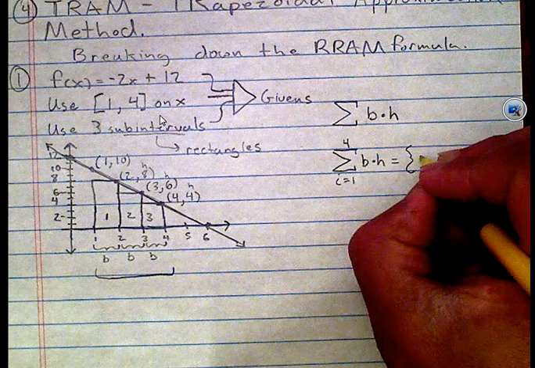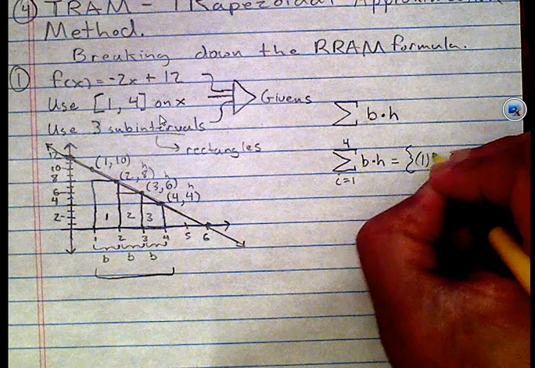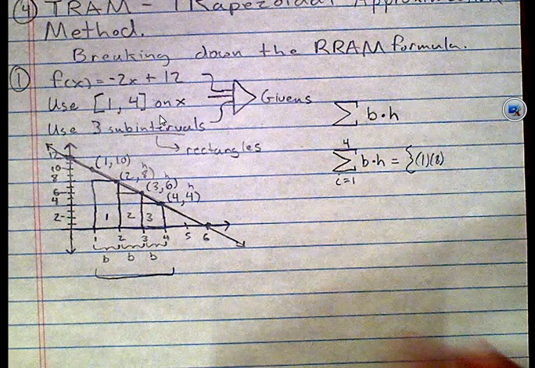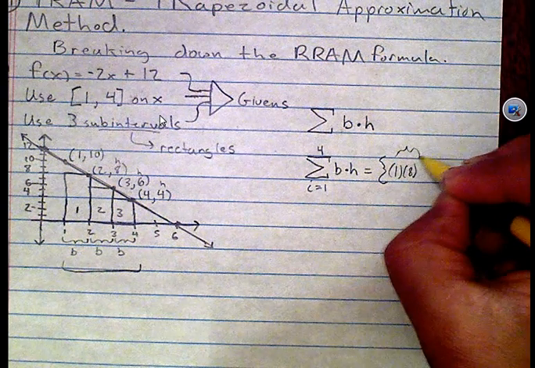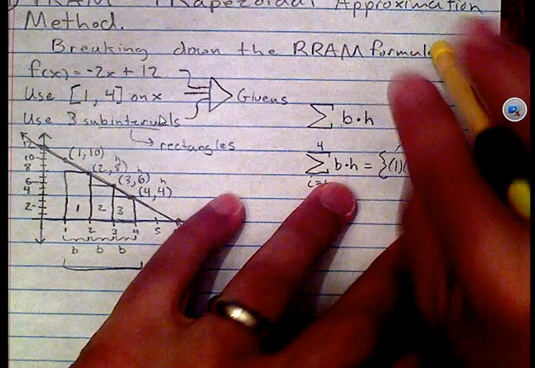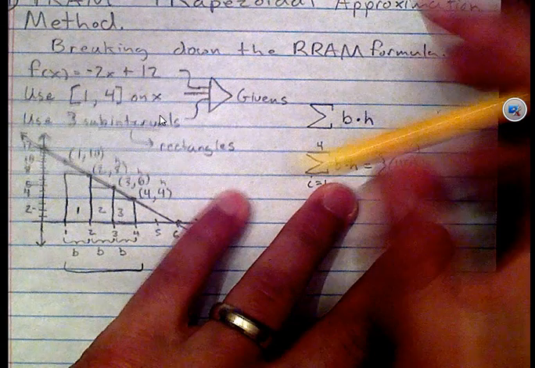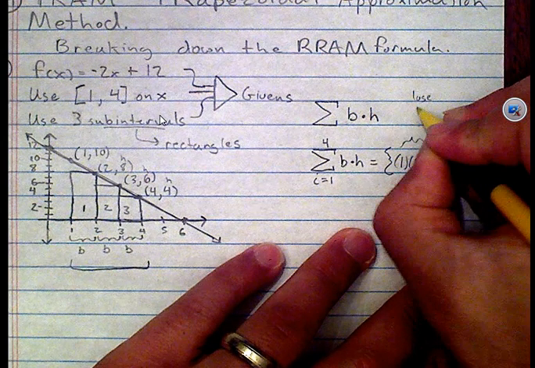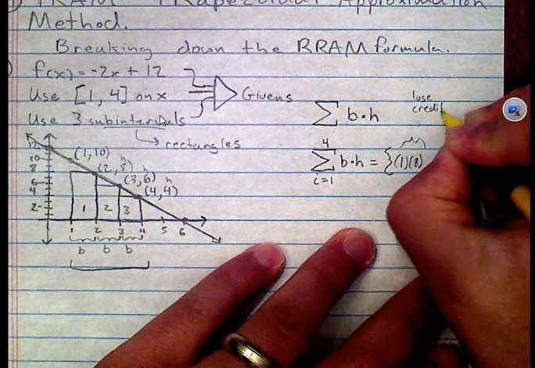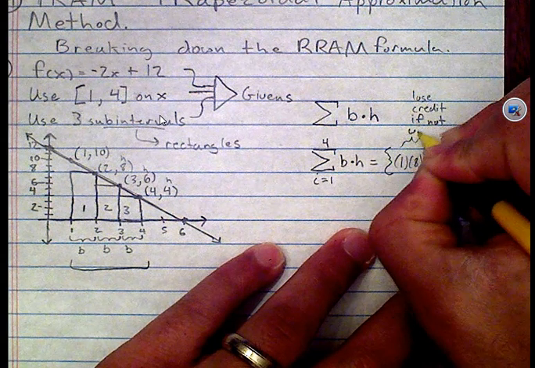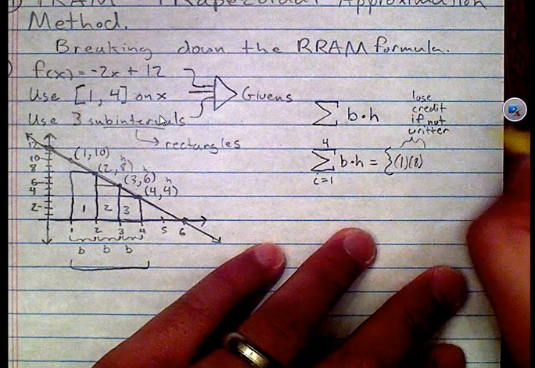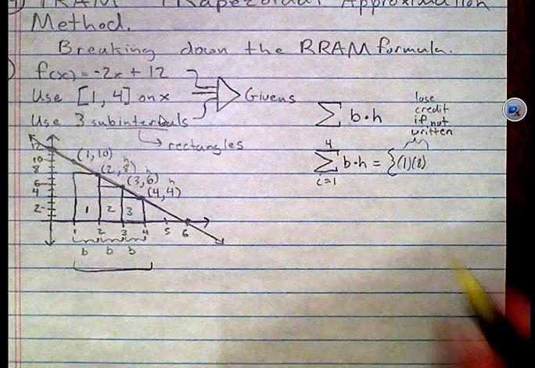So that's just 1 times 8, and you have to write this on the AP exam. If you don't literally write out the 1 times the 8, you lose credit. Let me write this down: you lose credit if not written. You lose credit if you don't write the base and the height.